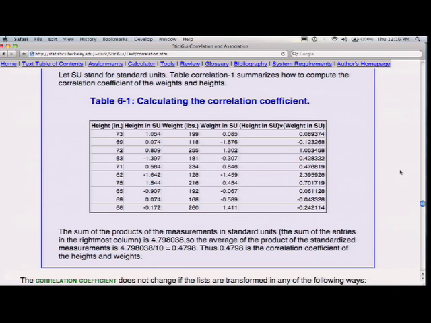I have a guess of 0. I like that guess. Yes, after you convert to standard units, the mean of the new list is 0. And the standard deviation of the new list is 1. So no matter what units you started with, after you do the transformation, what you get has mean 0 and standard deviation 1.